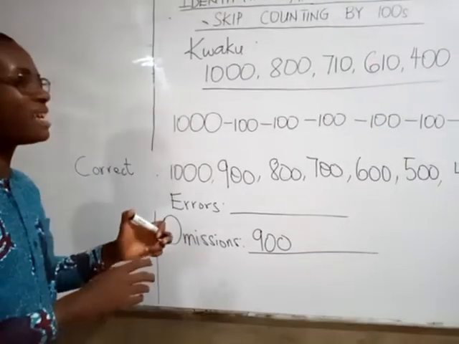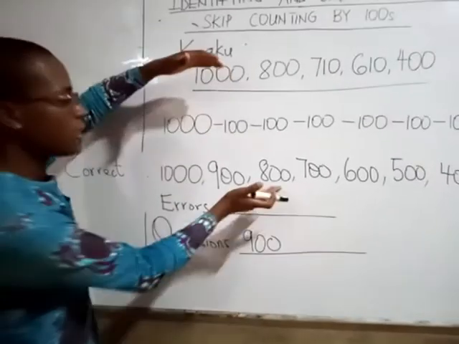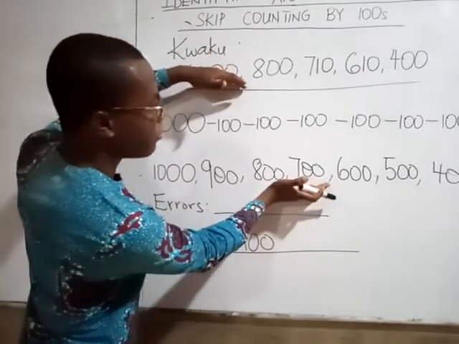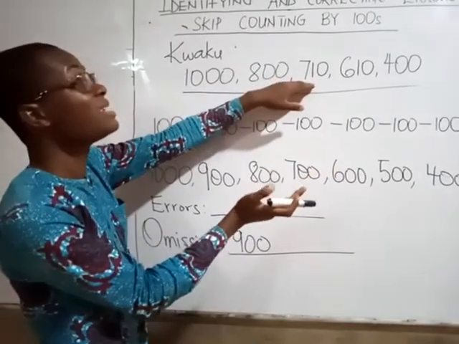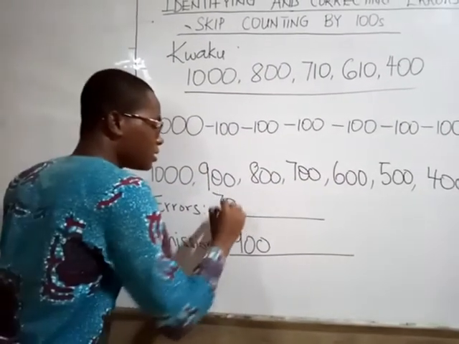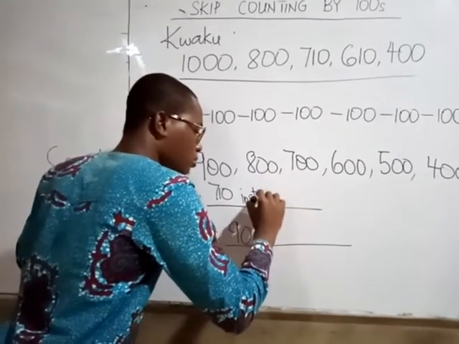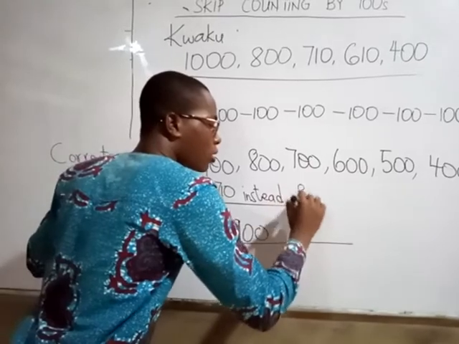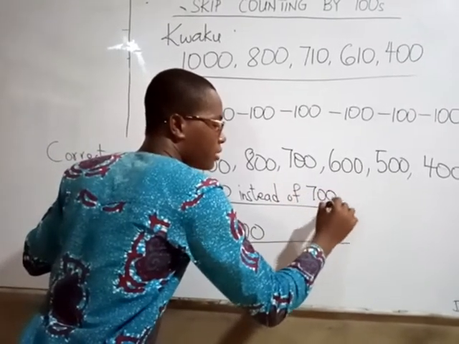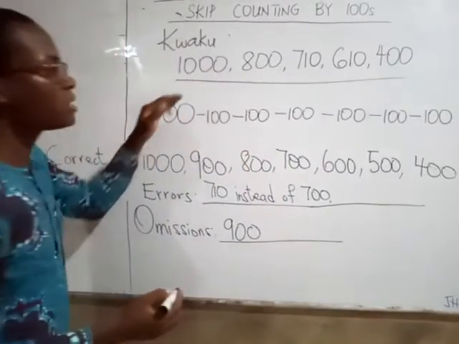Now the errors are the ones where, instead of writing the right number, he made a mistake with it. Now 800 over here, and the next one is 700. He had 710. Okay, so he wrote 710 instead of 700. Now when you look at it, how many mistakes did he do?